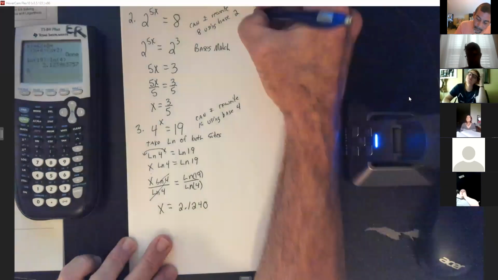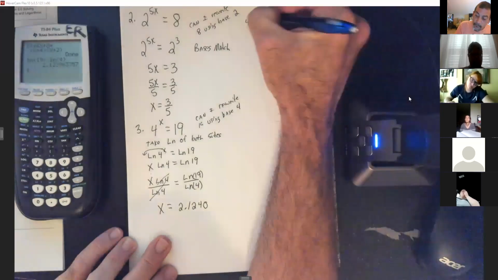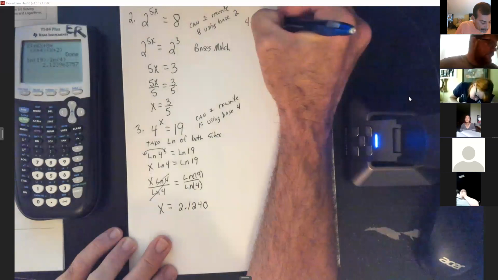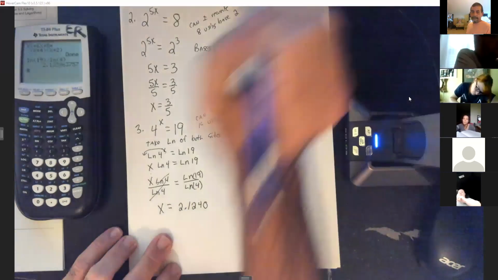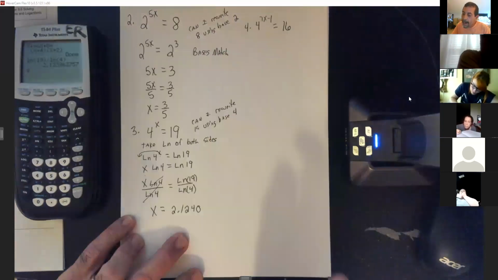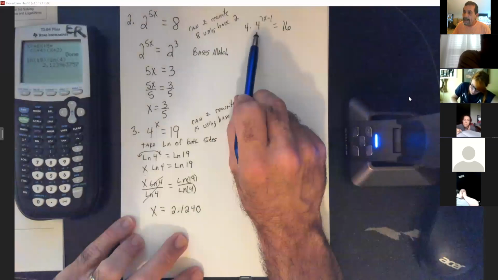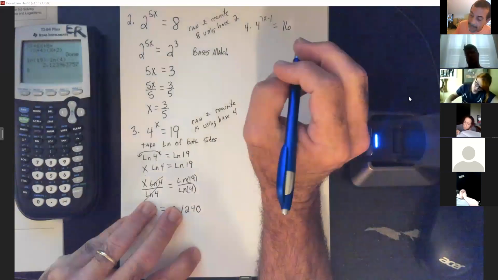All right, 4 to the 7x minus 1 equals 16. Can you rewrite this 16 using a base 4? Yes. Okay, so I'm definitely going to do that.